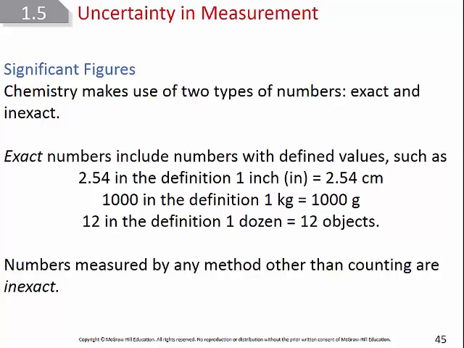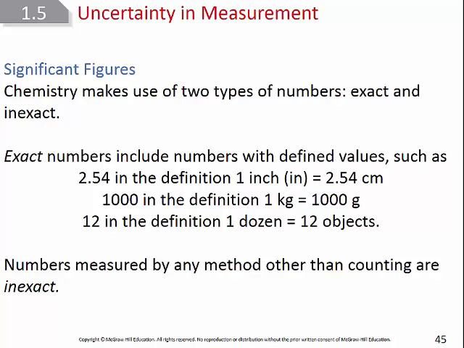That takes really 365 point some decimals amount of time, but no matter how many decimals out you go, that was still measured. At some point in time, some scientist measured how long it took for the Earth to complete one orbit around the sun. So that was a measurement, not a definition.